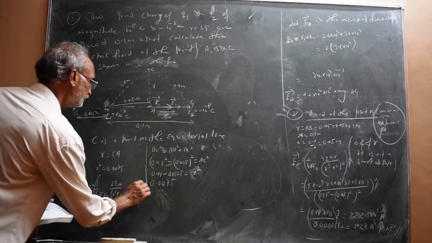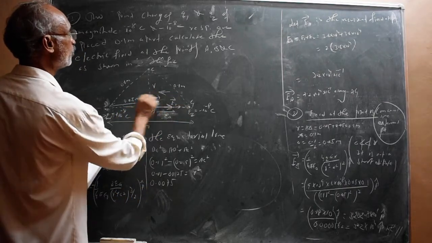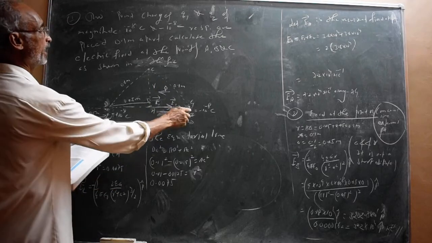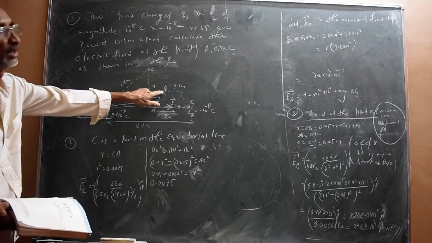Okay, P cap is the unit vector directed from minus Q to plus Q. That also is not in the figure form.